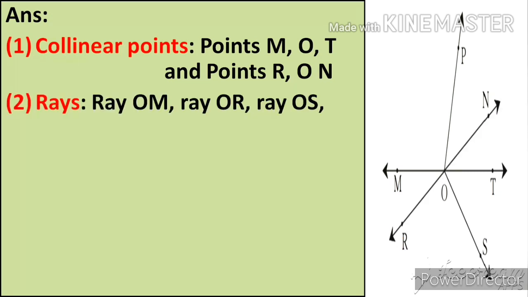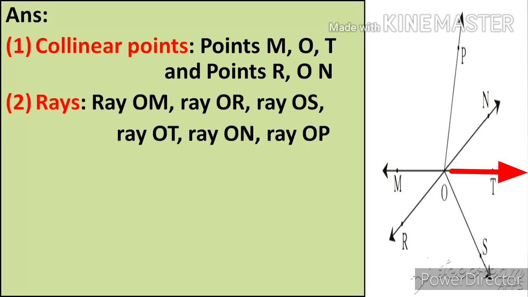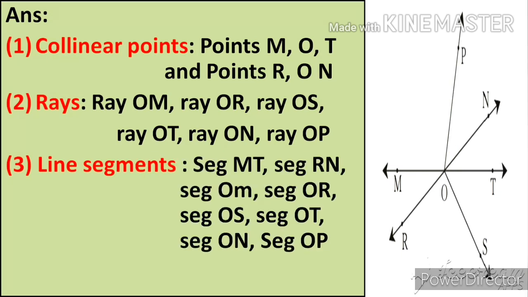Now rays, if we talk about the rays, they are OP, ON, OT, OS, OR and OM. These are the rays of the given figure. Line segment. Line segment means what? The segment which has points on both sides, an ending point and a starting point, we can say.